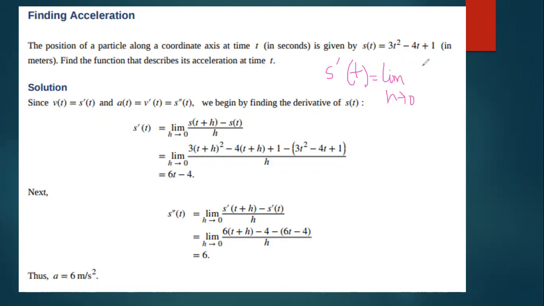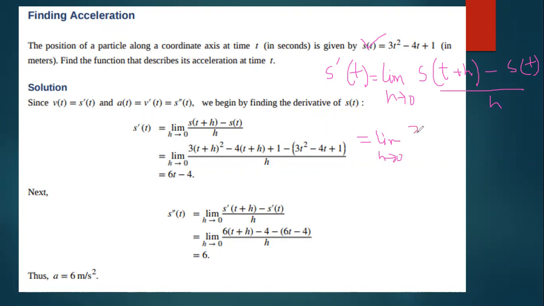to 0 with s. Okay, s is my function, s(t + h) minus s(t), so s(t) basically is my function, divided by h. So it will be written as limit h approaches 0.